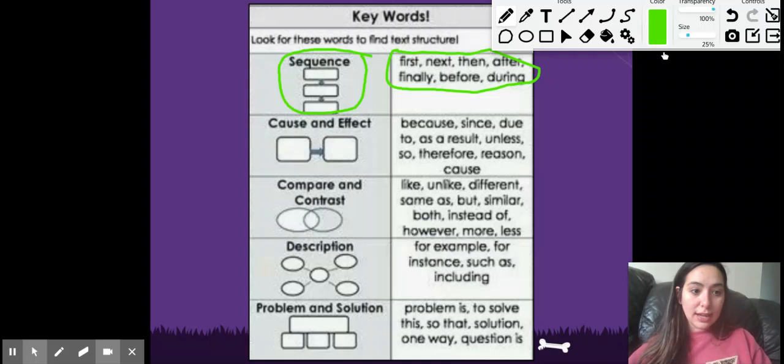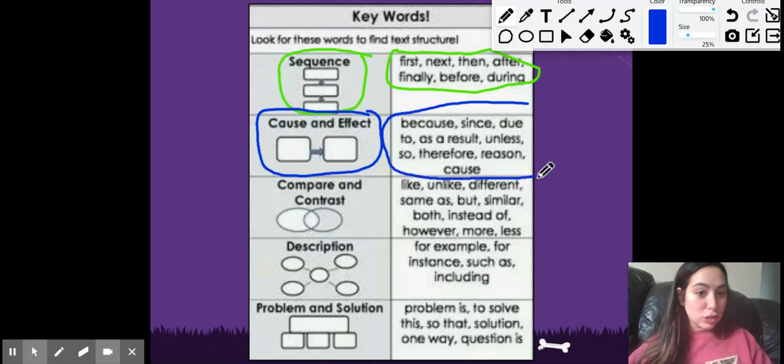The next one is cause and effect. So some of our special cause and effect words are because, since, due to, result, unless, so, therefore, reason, or cause.